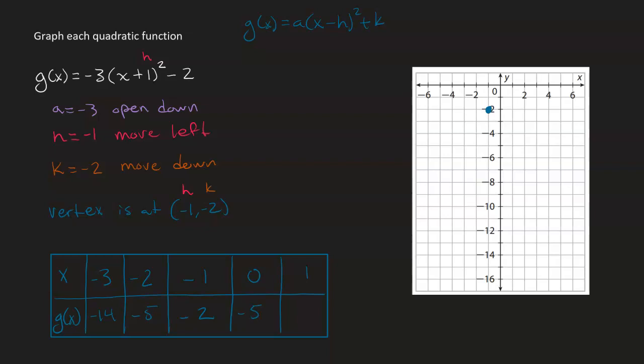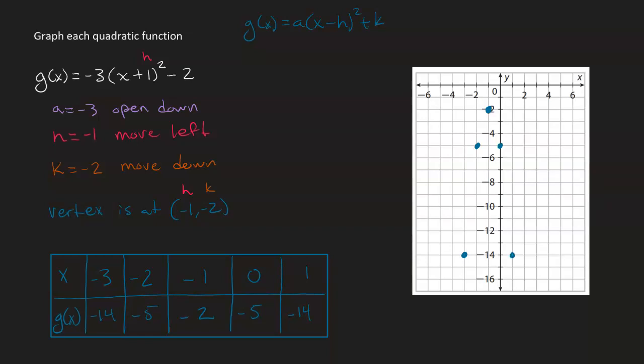And when I substitute 1 in, I get -14. So I'm going to go ahead and plot those points. -2, -5 would be right here. 0, -5 would be right here. And -3, -14 would be right there. And 1, -14 would be right here.